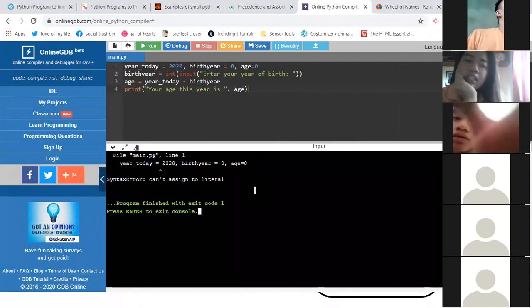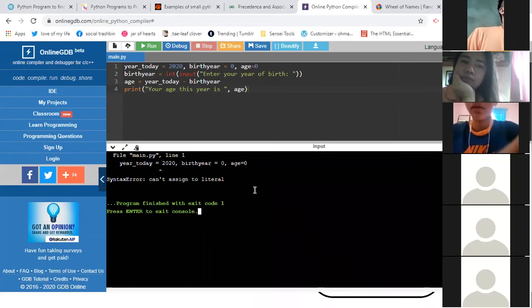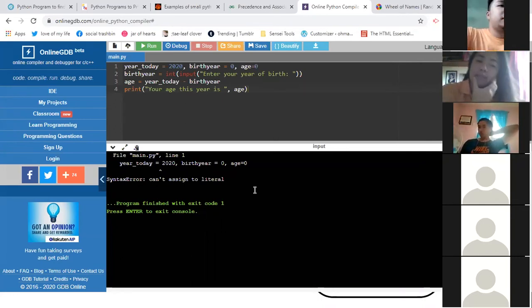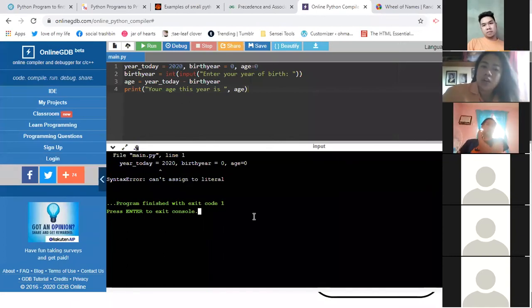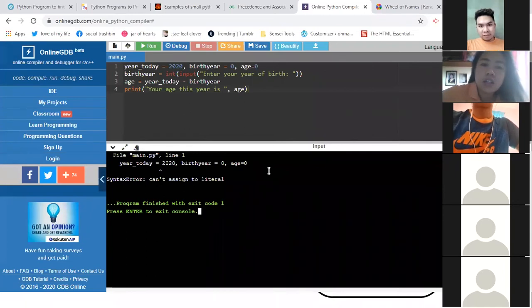Thank you. So this is the error we got: can't assign to literal. It's pointing to line number 1. What do you think is the cause of your syntax error?